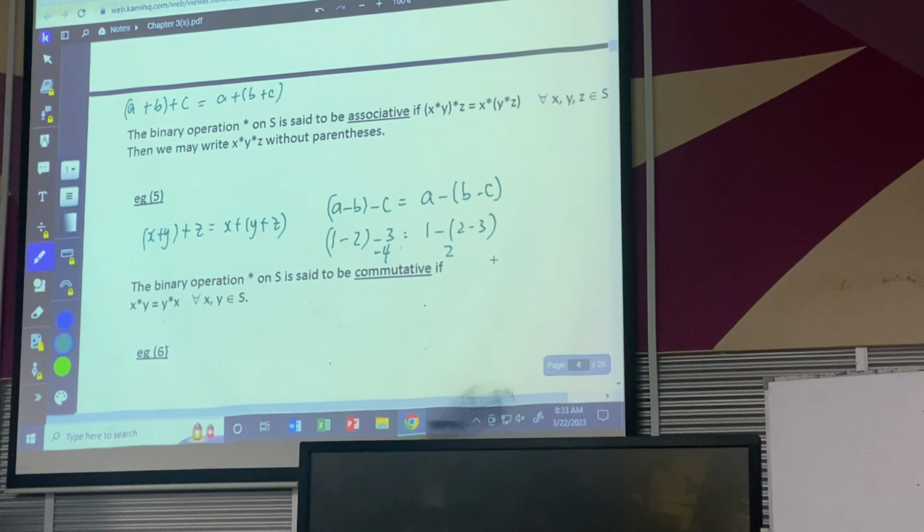Agree? Okay. So these two are not the same, right? That means minus is not associative.